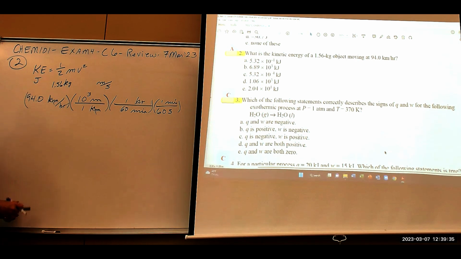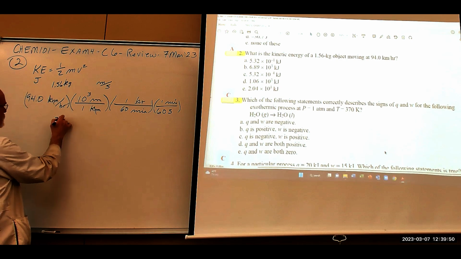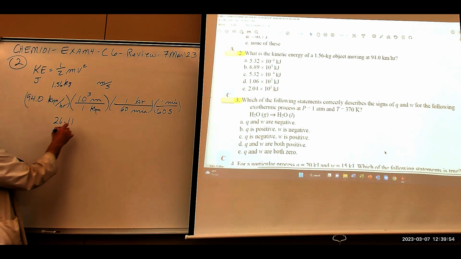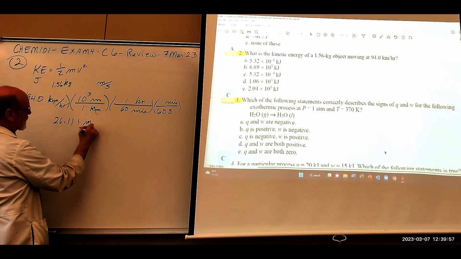Okay, so let's find out what the velocity is. 94 times 1,000 divided by 3,600 is 26.111. I like to keep decimals until I can throw them away. 26.11 meters per second.